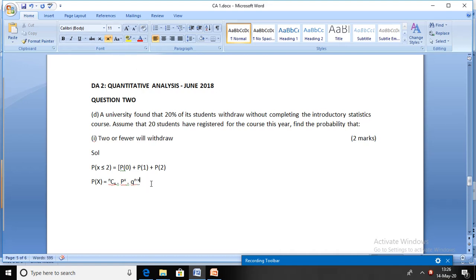That's the binomial probability formula. So we need to calculate that for 0, for 1, and for 2.